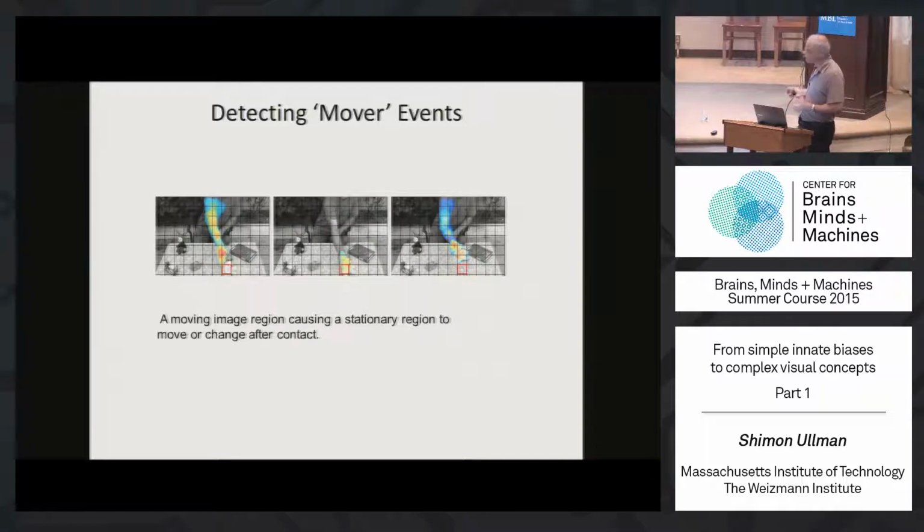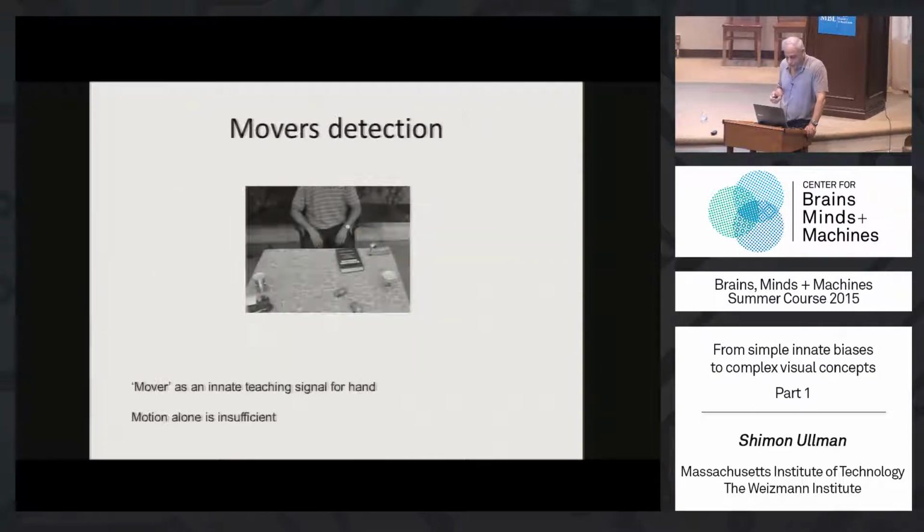In the algorithm, we divide the visual field into small regions, and we monitor each cell in the grid for the occurrence of a mover, which means that there will be some optical flow, some motion coming into the cell and then leaving the cell, carrying with it the content of the cell. This does require some optical flow and change detection, and all of these capacities are known to be in place before 3 months of age.